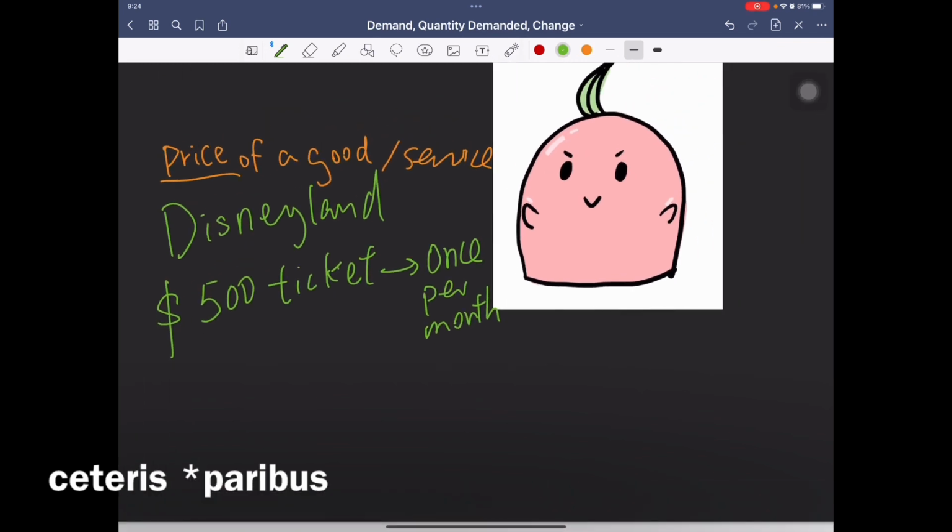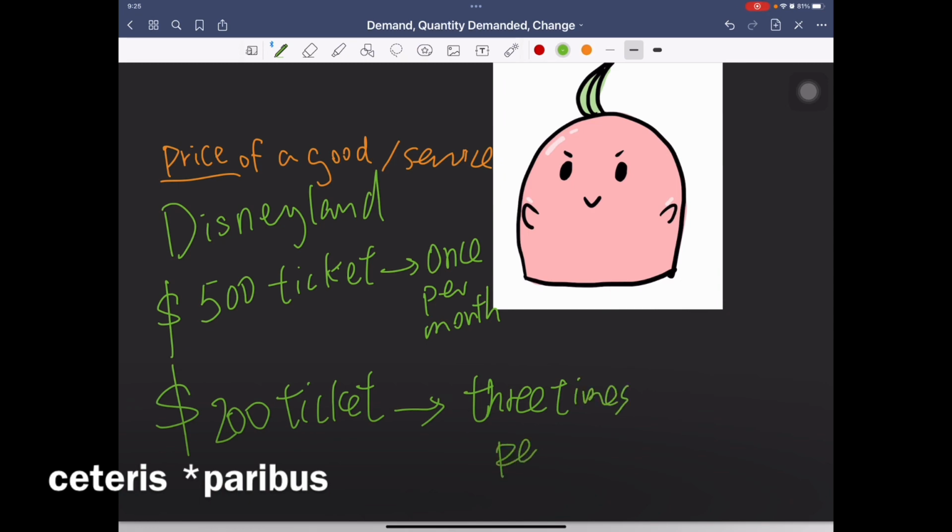However, if the ticket price decreases to $200 per ticket, perhaps I will go more frequently. From once per month, because the ticket price has decreased and I would like to go there more frequently, I will go there 3 times per month.